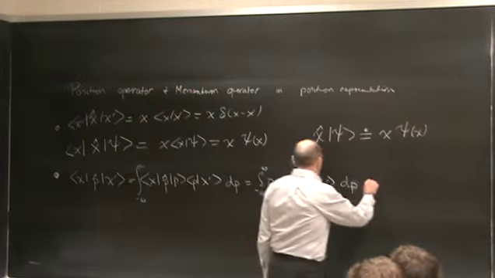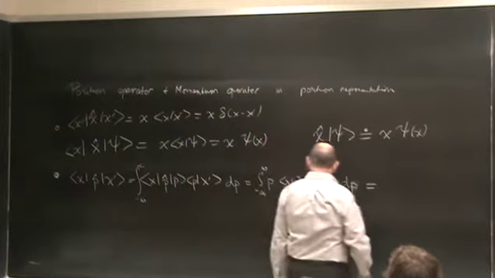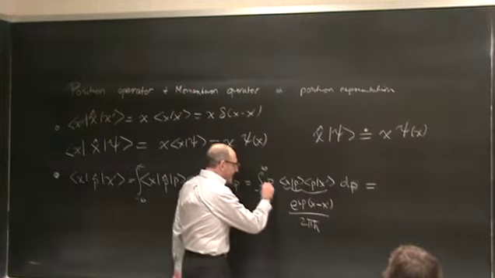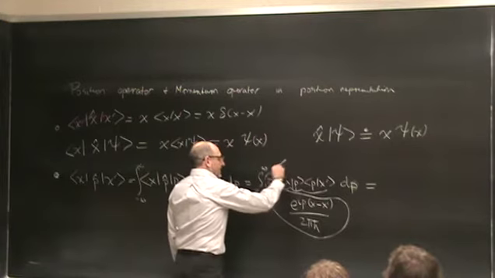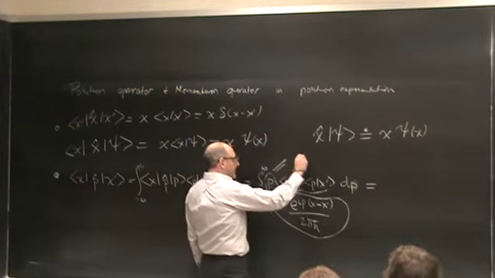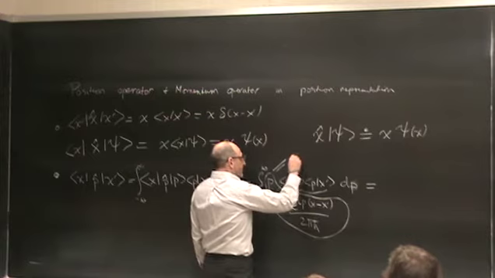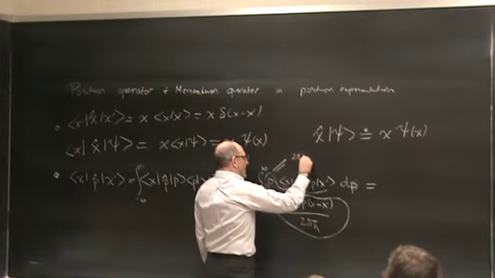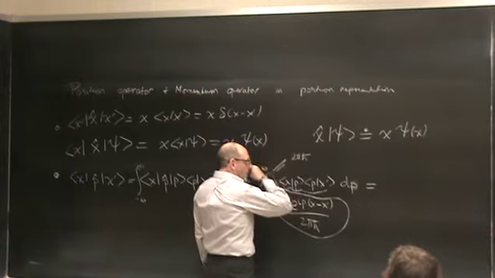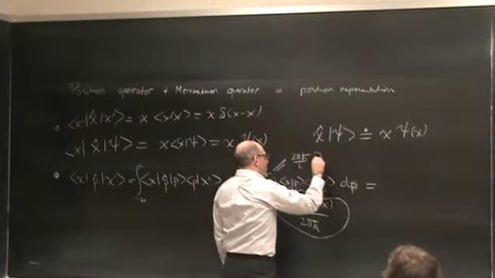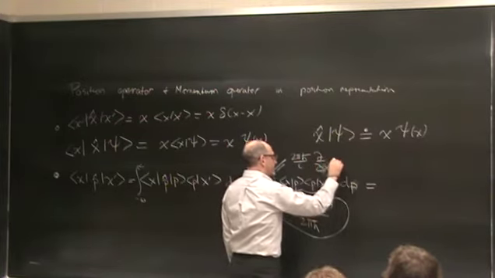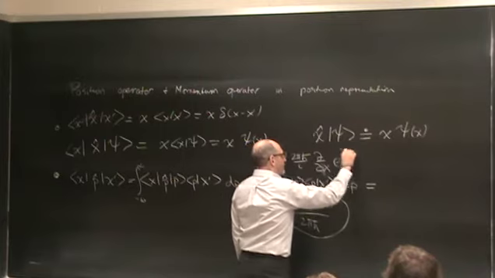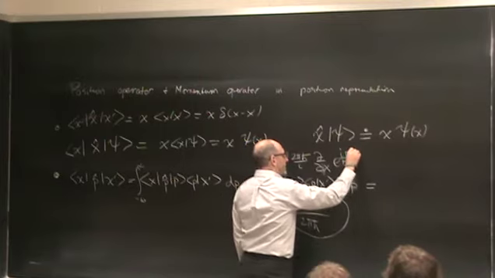However, what I can say is that if I take this over here, it is equal to 2 pi h bar over i, the derivative with respect to, say, x, of e to the i p over h bar.